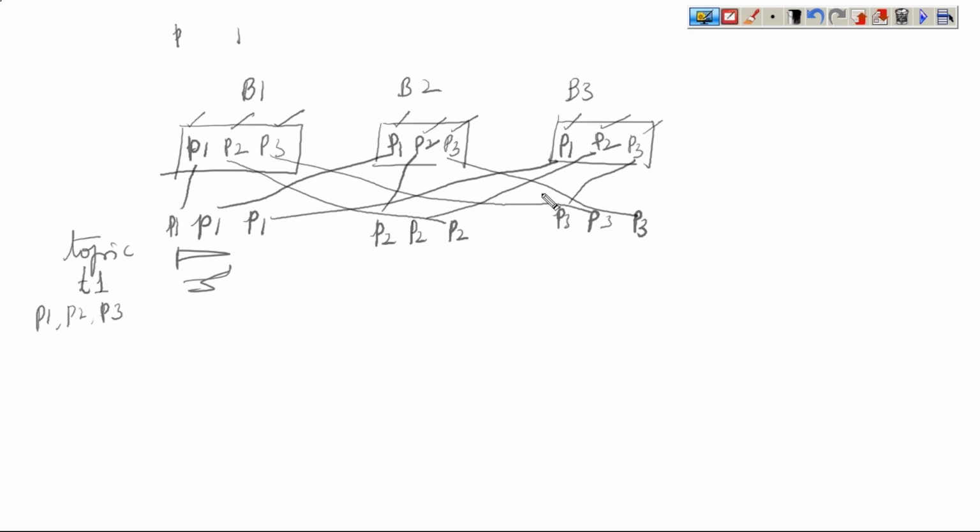Now B1, B2, B3: broker 1, broker 2, broker 3. These are neither masters nor slaves, but they are called leaders. What do you mean by leader generally?